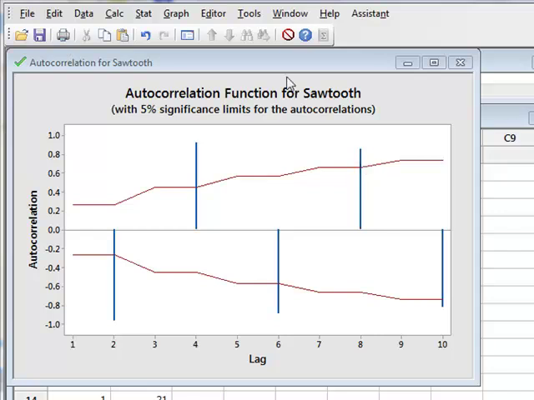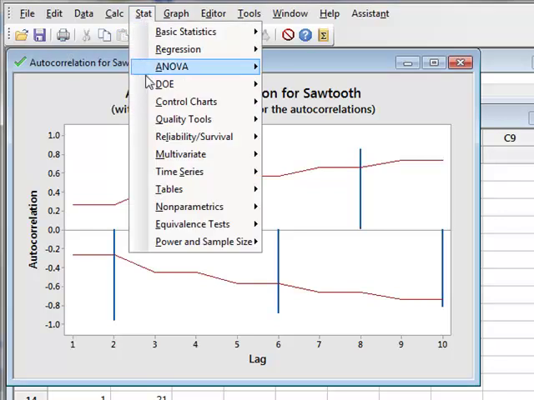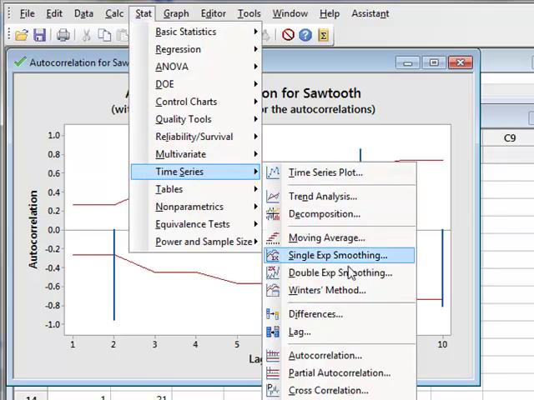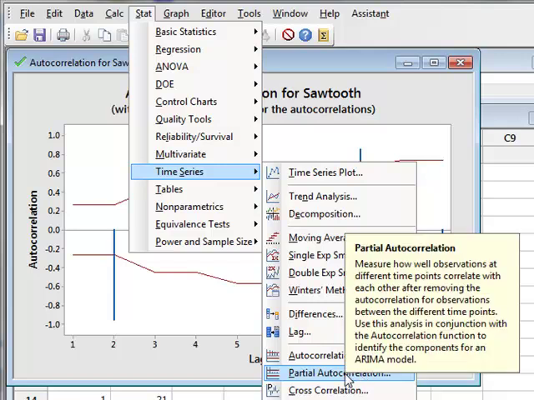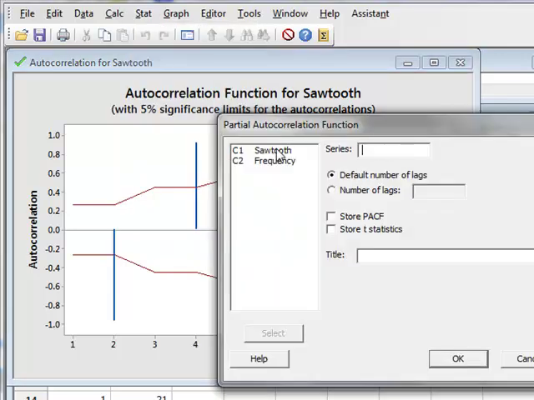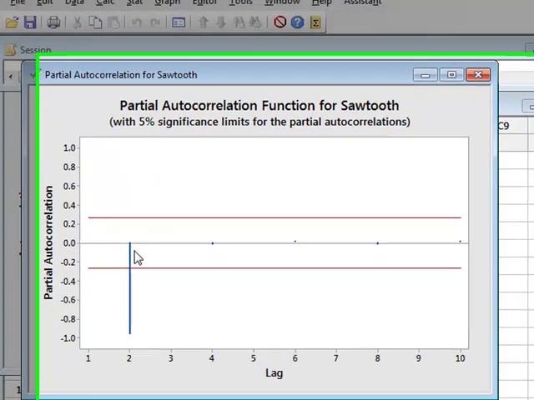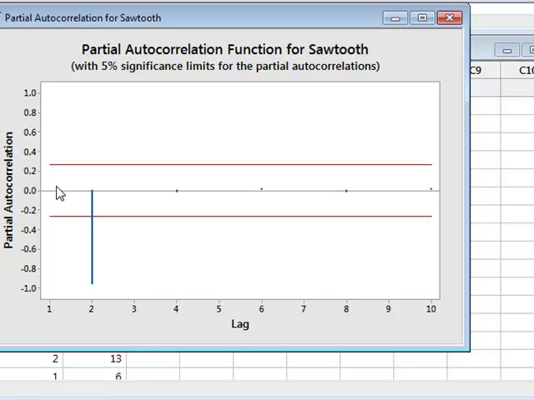So now we will look at the partial autocorrelation function by going to Time Series, Partial Autocorrelation, and again we will choose the sawtooth waveform with 10 lag periods. But now, from this single waveform with a period of 4, we see only one response value, in that the first strong negative correlation has been recorded, but all the other potential correlations, the positives and other negatives, have been suppressed.